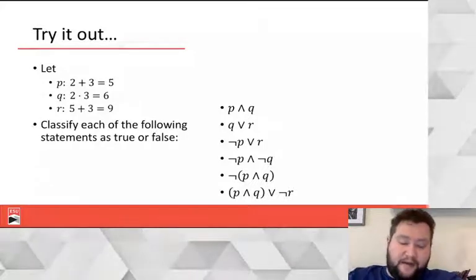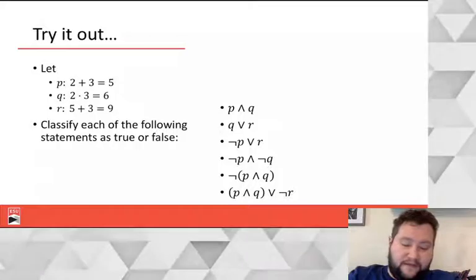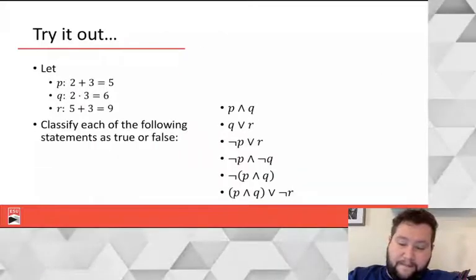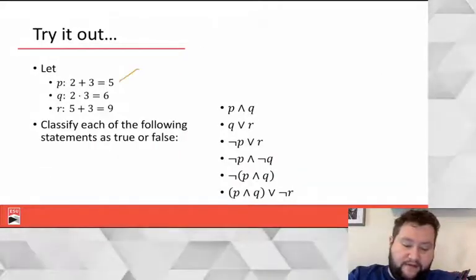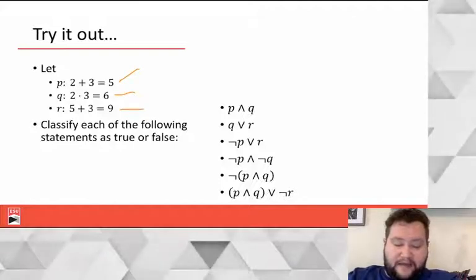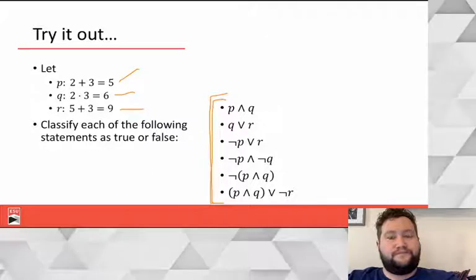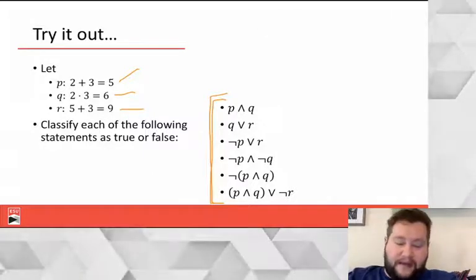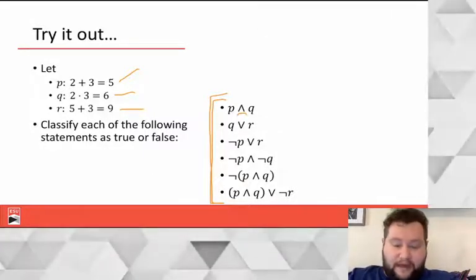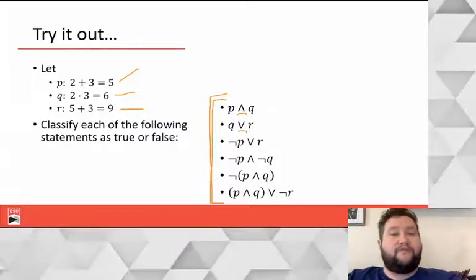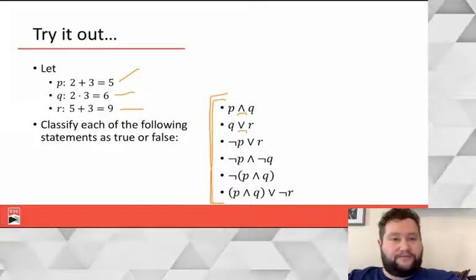And then classify each of these values as true or false, remembering that P and Q will be true if they're both true, and Q or R will be true if one or both are true.